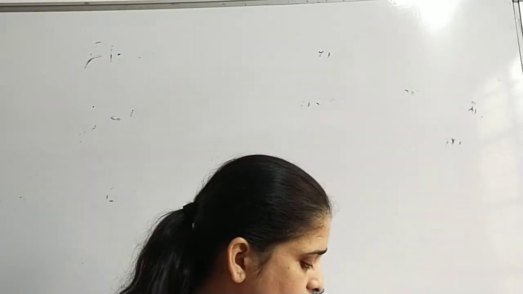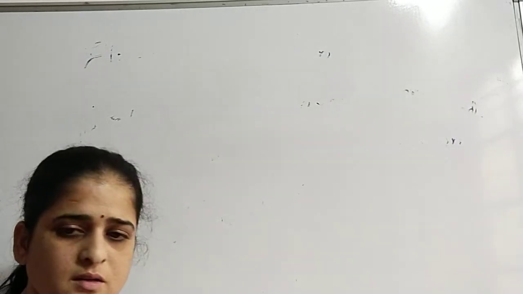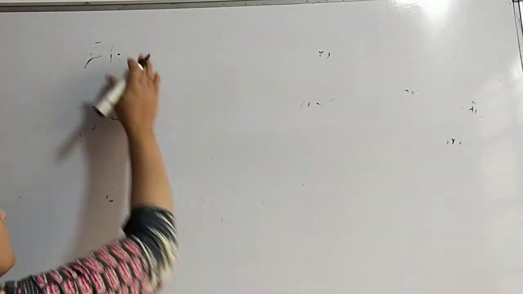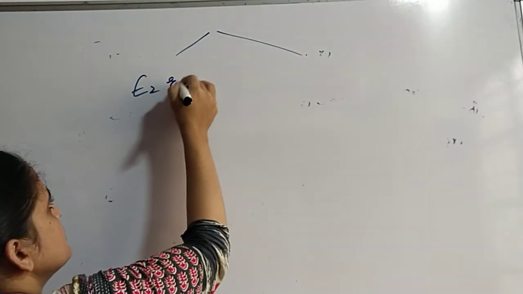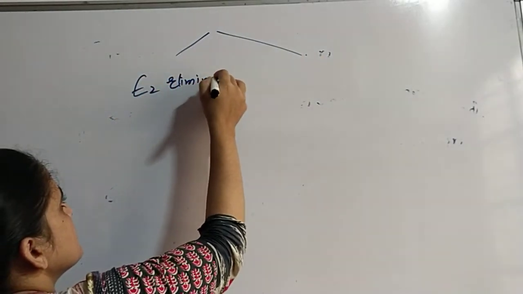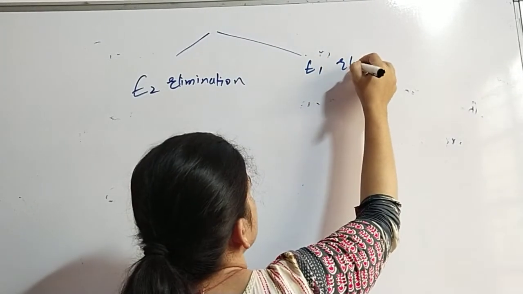Next we are going to discuss the E2 type of elimination. We have just discussed alpha and beta elimination. There is one more classification of elimination reaction. So elimination reaction can be again classified as E2 elimination and another is E1 elimination.